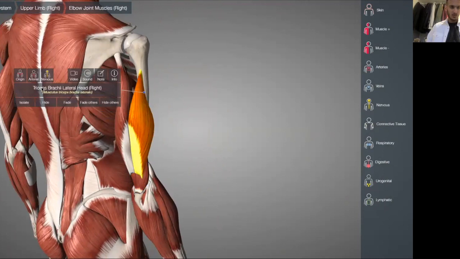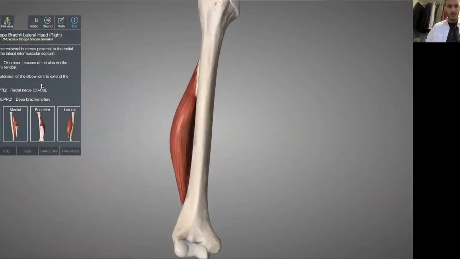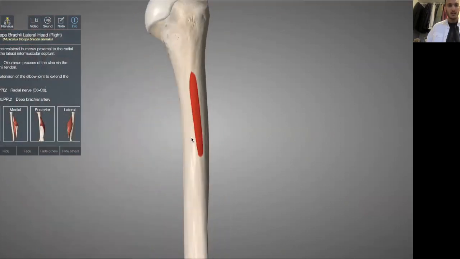And so likewise, we have an origin and insertion of the triceps brachii lateral head. The origin here is the posterolateral aspect of the humerus, proximal to the radial groove and the lateral intermuscular septum. So radial groove is found more around this region, and it's proximal to that. Okay, insertion is on the olecranon process of the ulna via the triceps brachii tendon.